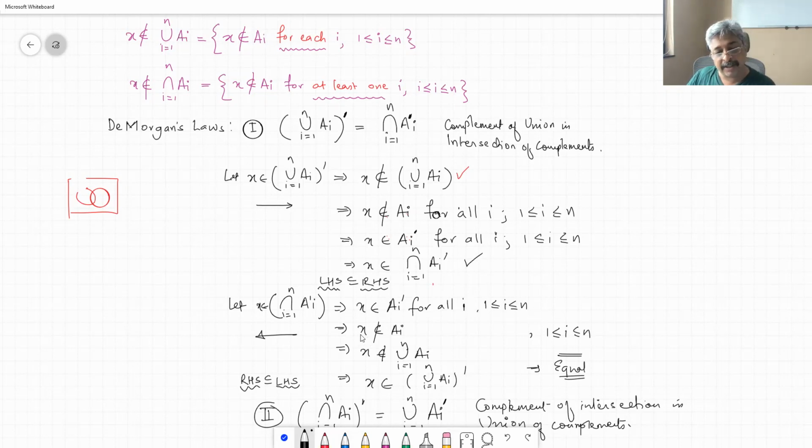That means x does not belong to Ai, so negation here, for all i.